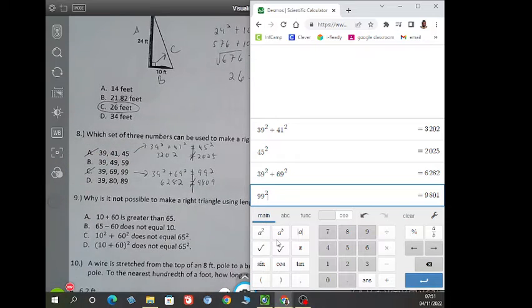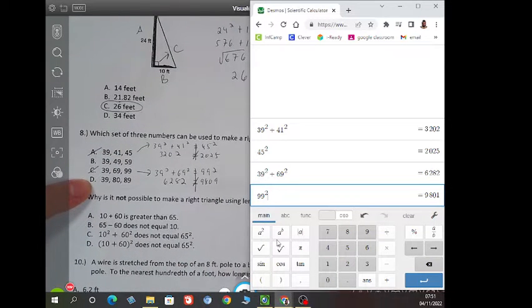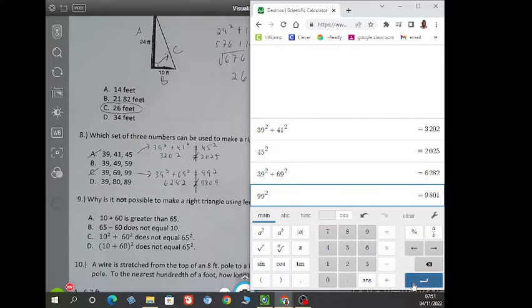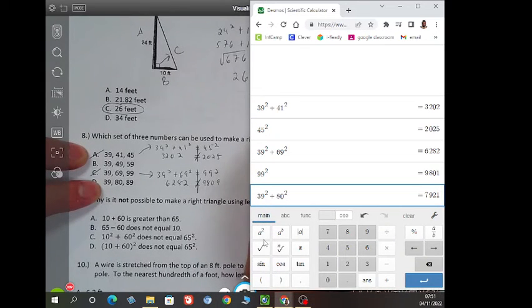All right, let's test out D. I got 39 squared plus 80 squared equals 89 squared. 39 squared plus 80 squared is 7921.